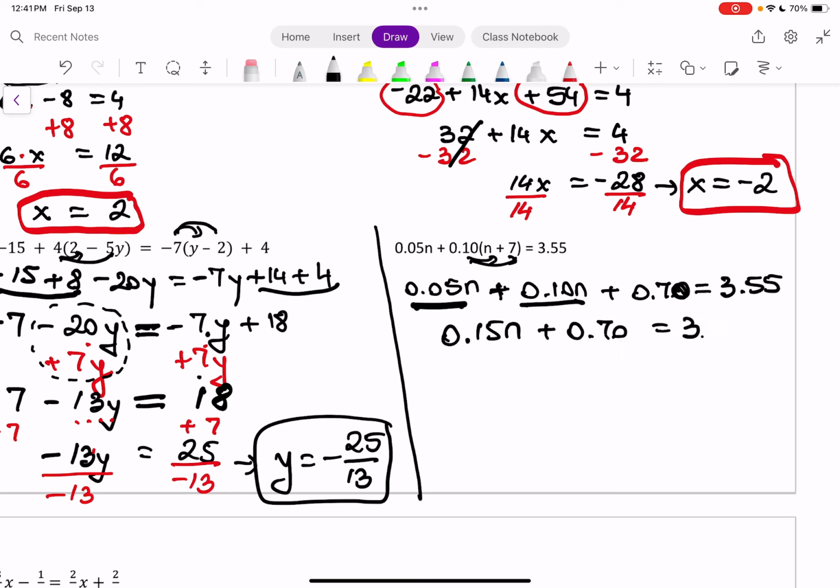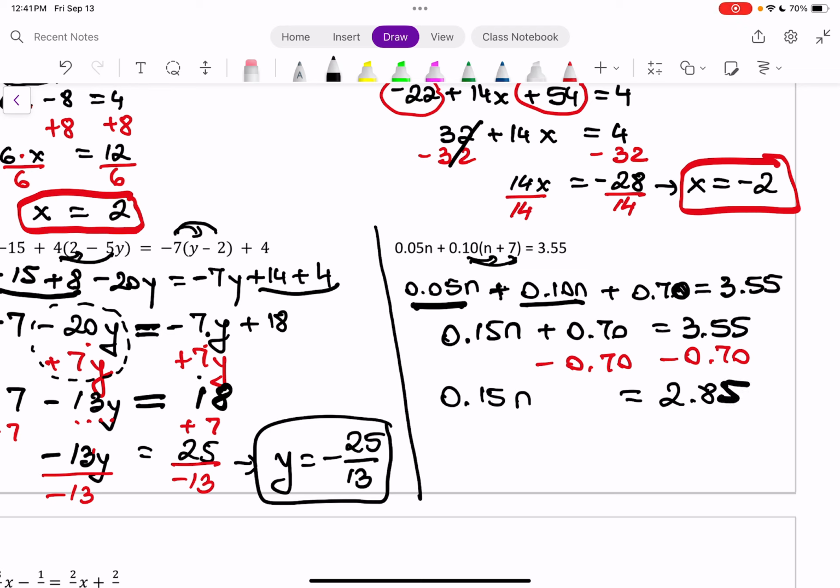And again, you can very well use your calculators for this. I still don't really need a calculator. Subtract 0.70. And 3.55 minus 0.70 is 2.85.